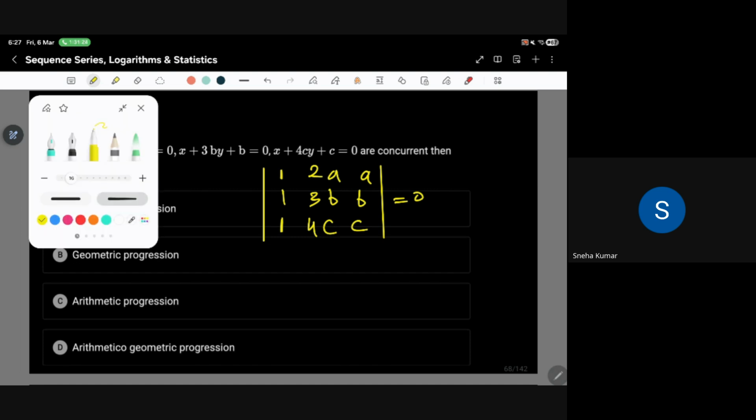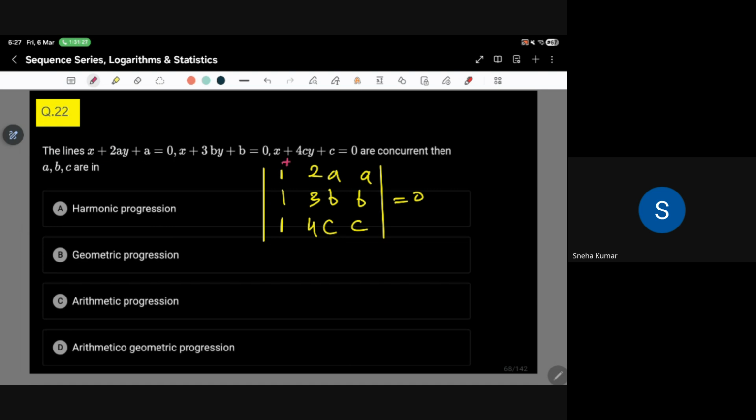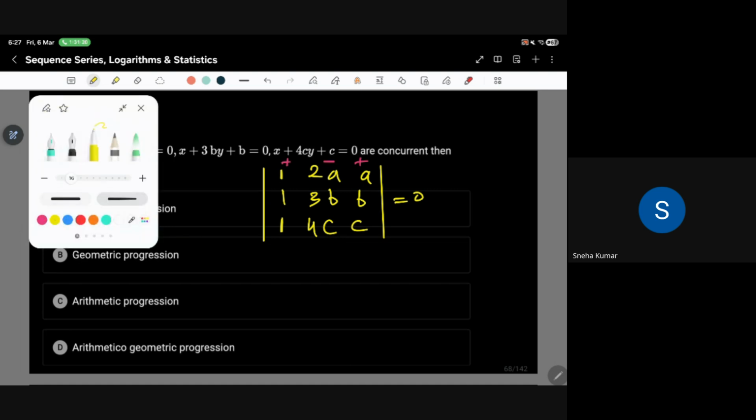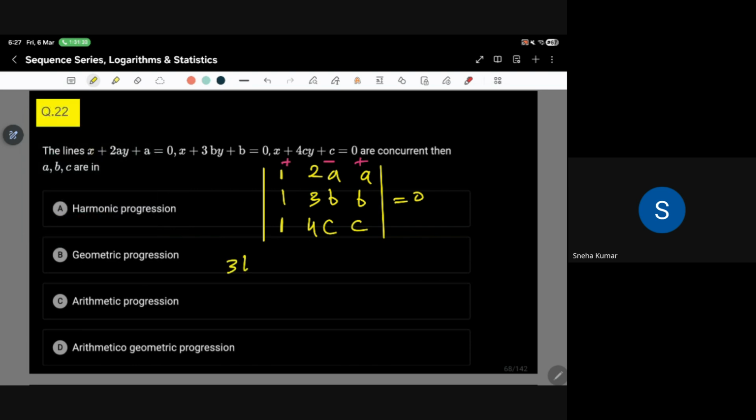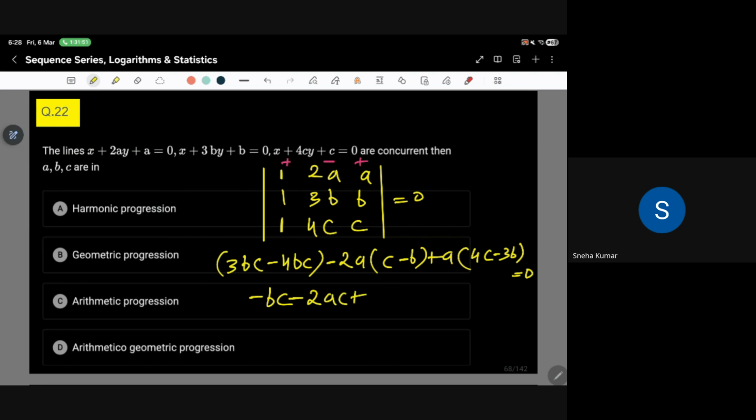So starting with the first row, 3bc minus 4bc minus 2a, then c minus b plus a, then 4c minus 3b. Okay. So minus b into c minus 2ac plus 2ab plus 4ac minus 3ab equal to 0.